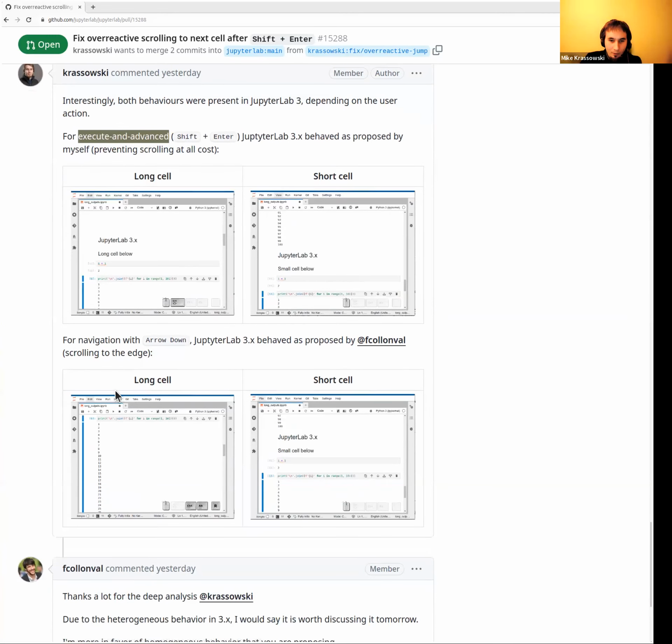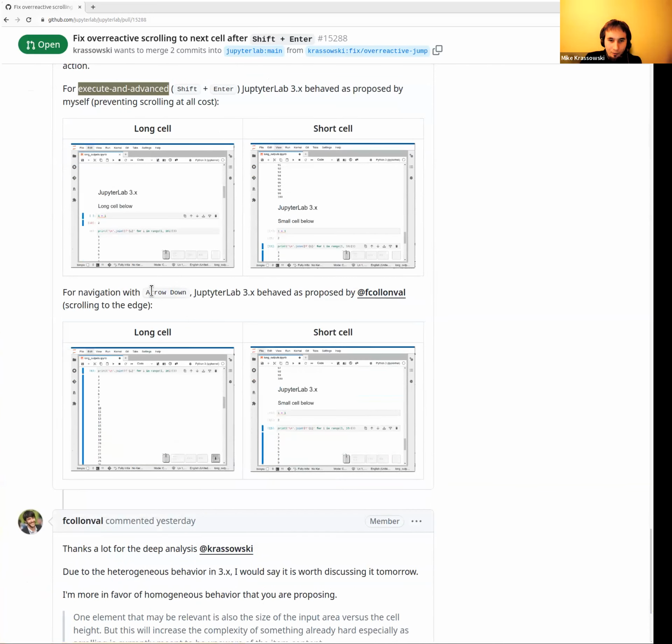With navigation using arrows in command mode, the cell which was long would align with the top of the viewport, and a short cell which would fit in the viewport would align to the bottom.